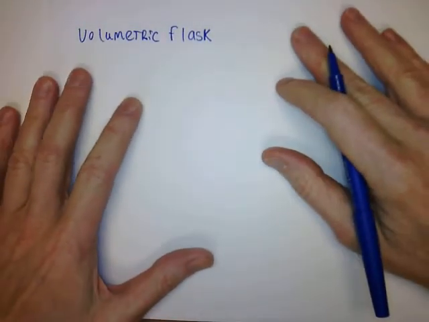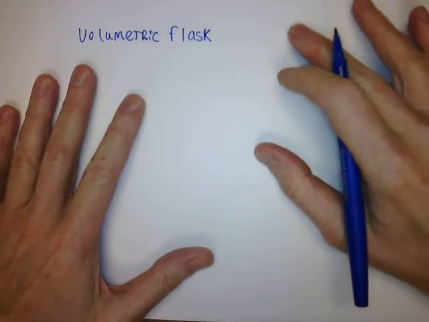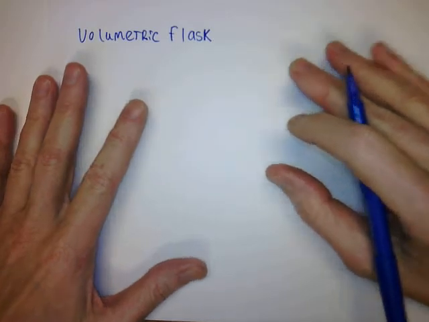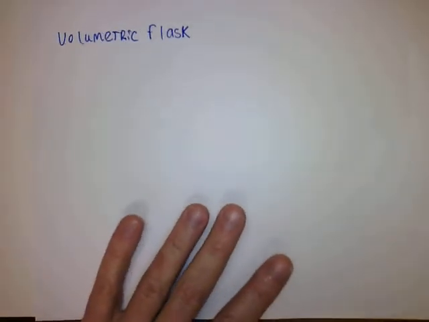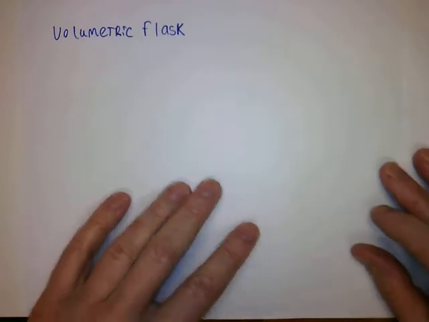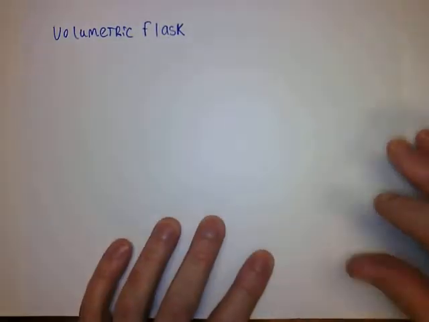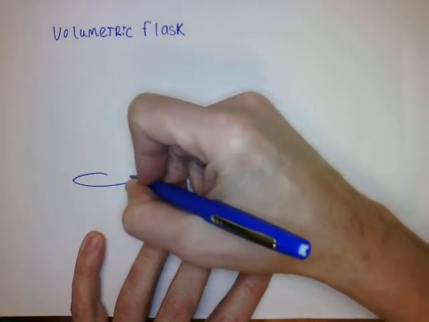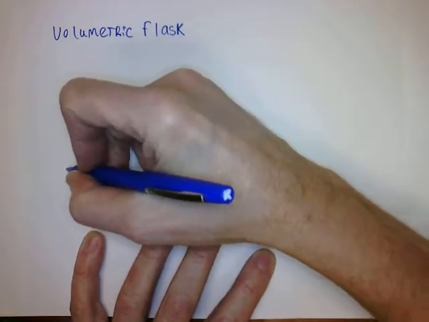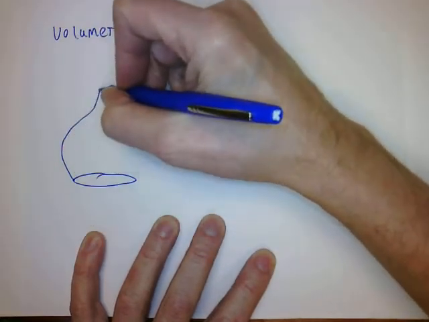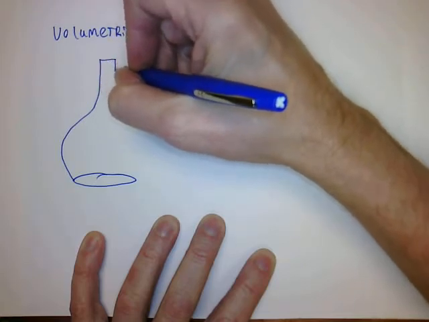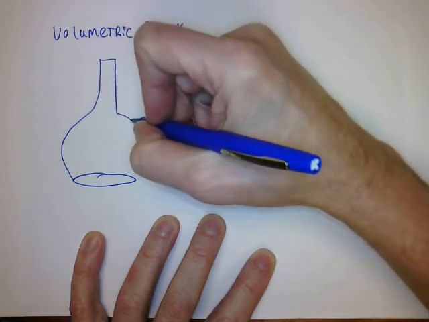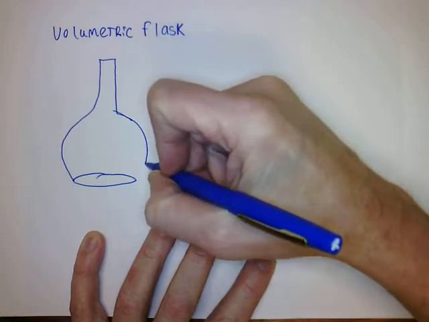Now, when we say something is graduated, it has lots of markings on it, like a beaker or a graduated cylinder. A volumetric flask only has one mark on it. So let's say we have a volumetric flask. It's going to look something like this.